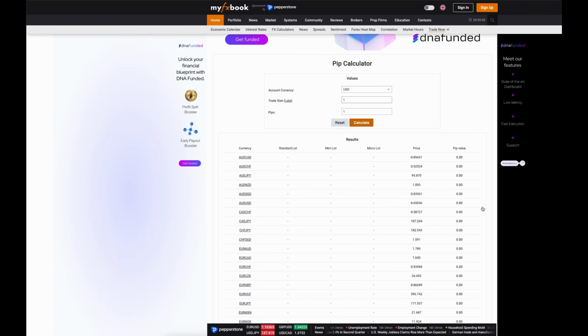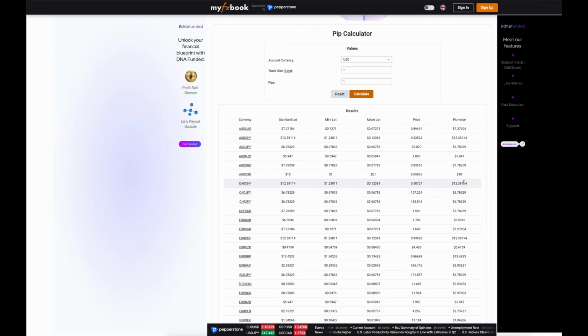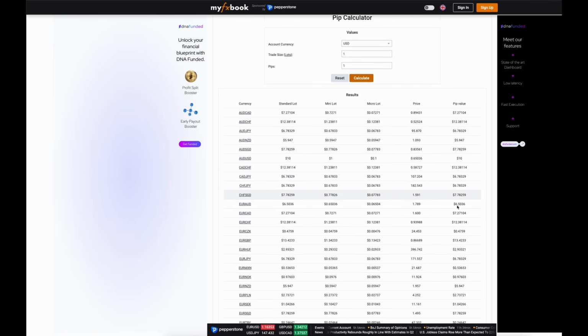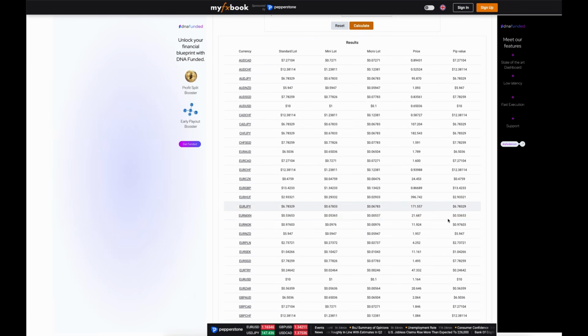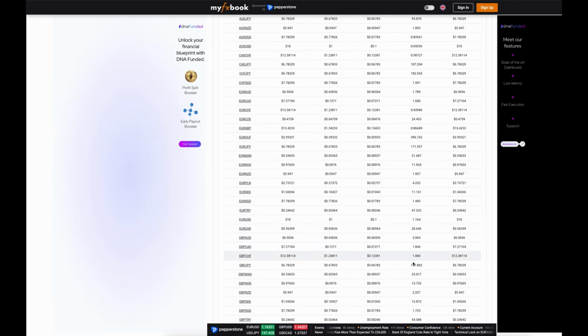So let's click calculate. Okay, so now you can see the strength of all the currencies. You can see some currencies just have $7 per pip, some have $12 per pip movement, some have $6, some have $5, some have $10, like AUDUSD. It has $10 per pip. $12 per pip, CADCHF. You guys like GBPJPY. You think it is a very volatile pair which makes you a lot of money, but let's find out how much its movement is.